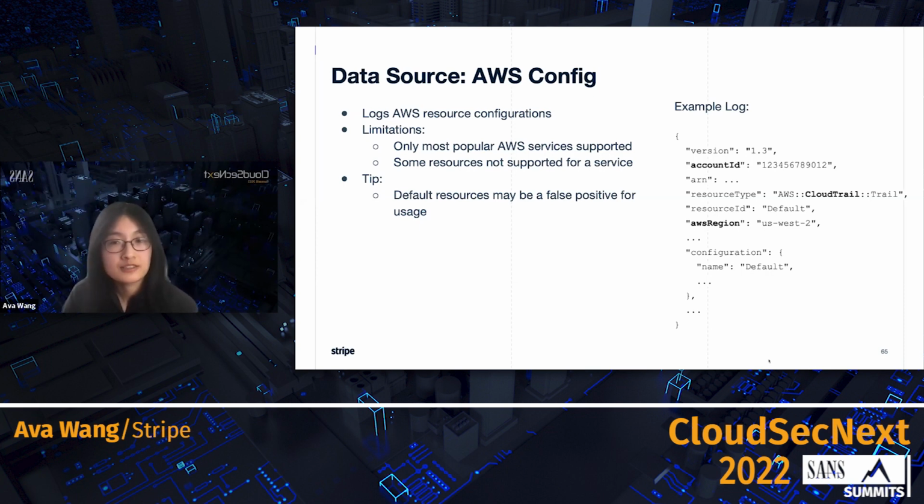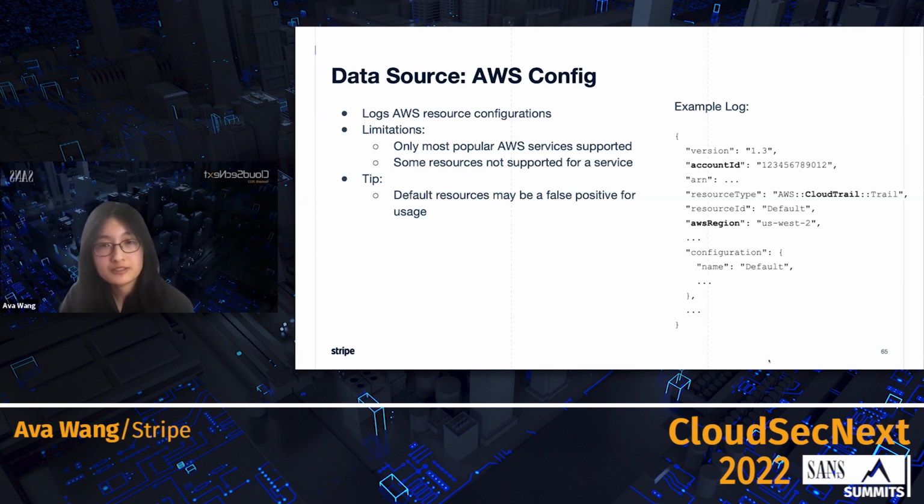When we were analyzing the config data, we found that there were some unexpected accounts where a service was being used, and upon further investigation, it was because we didn't ignore resources that existed by default.